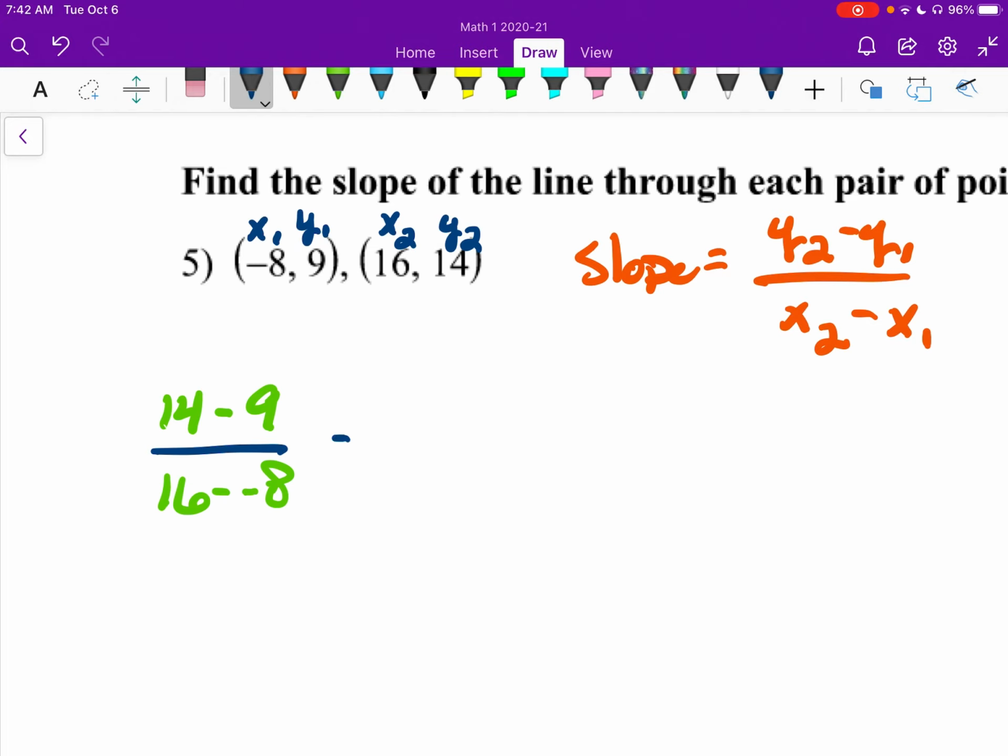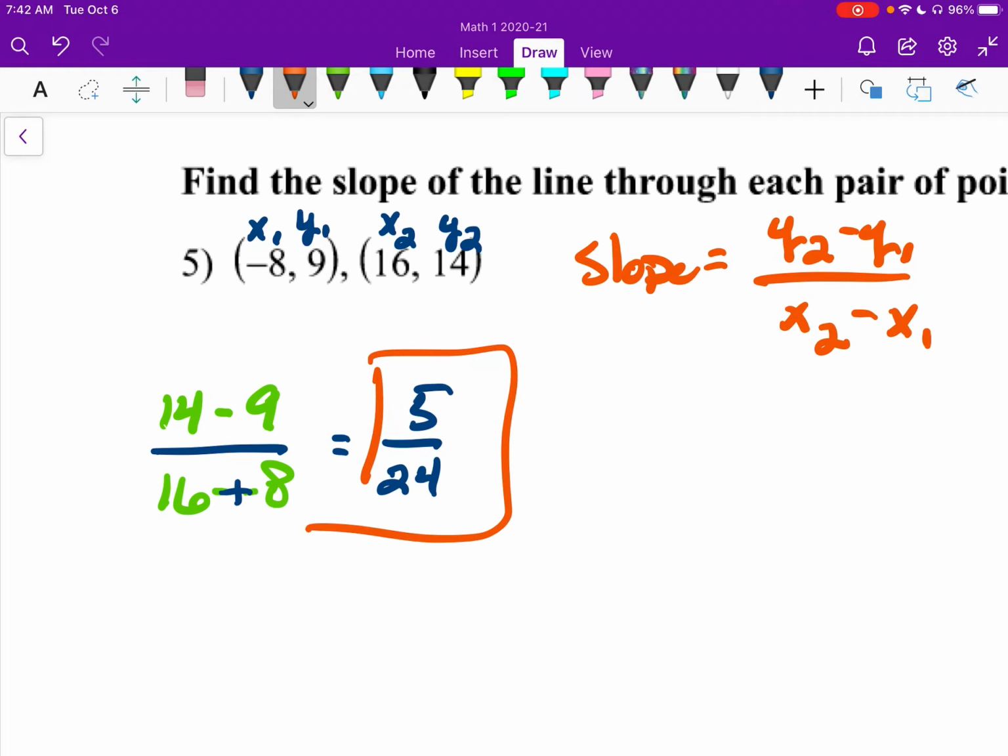Whenever we reduce this, we have 14 minus 9, which is 5. 16 minus negative 8 is really a plus 8. So what is 16 plus 8? That's 24. And now we ask ourselves, can we reduce that fraction? The 5 we cannot reduce, so that's our answer. That is our slope.